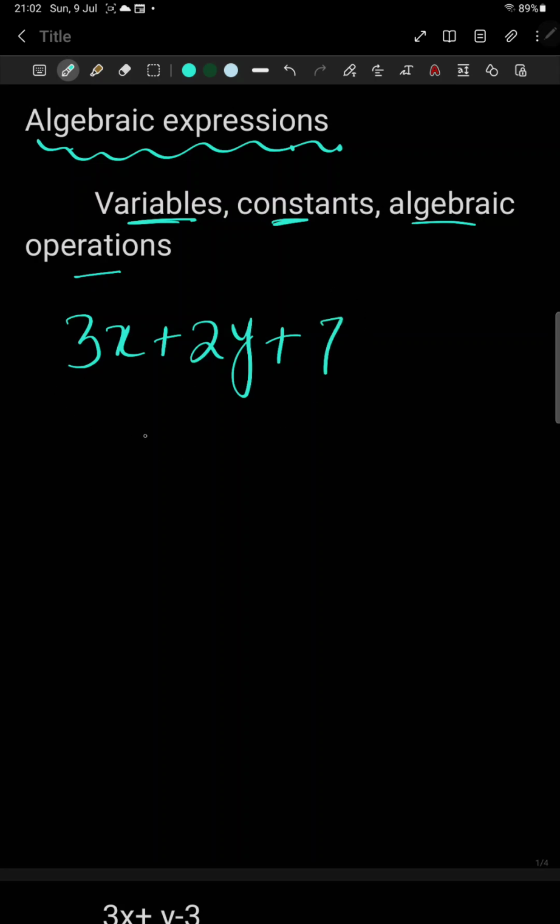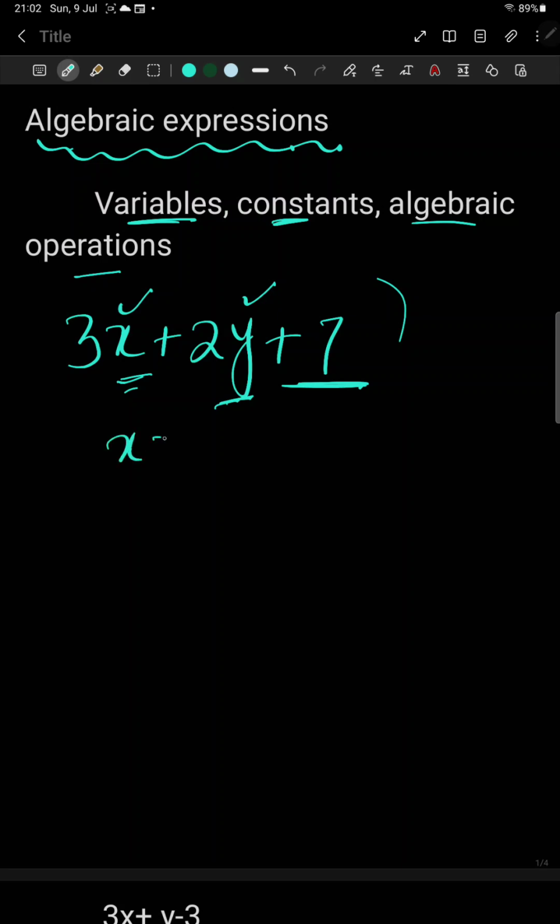So in this expression we have variables x and y. We have a constant over here. A number is called the constant. Values like x and y are called variables because they may have different values.